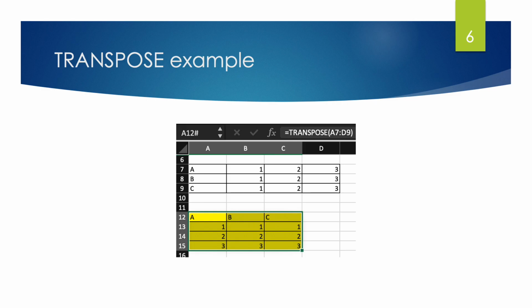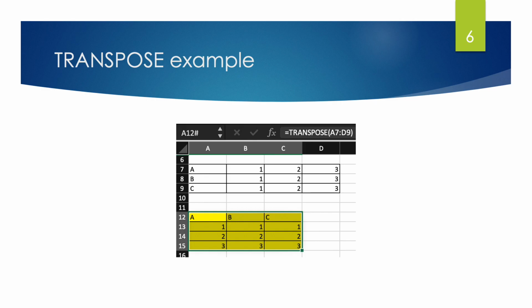So what I would do is I would select the columns and rows. For example, here I would select A12 up until C15, and then I would click on my formula bar.